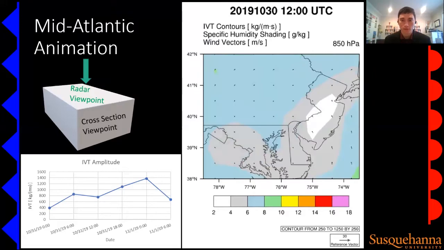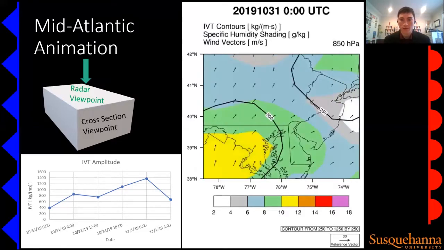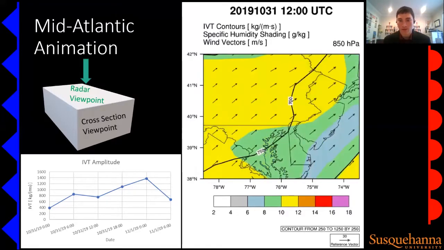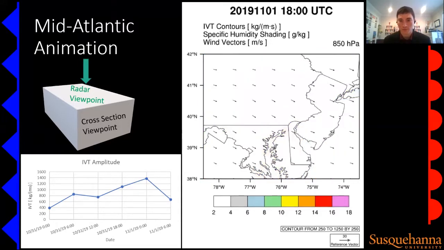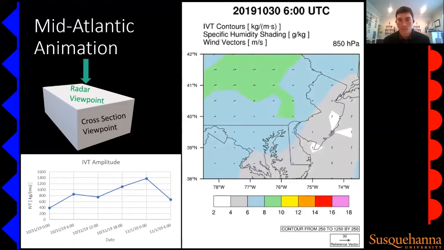Looking at the regional view, you can see that the IVT and the contours are relatively together in their high values and in the orange, red, and purple colors.